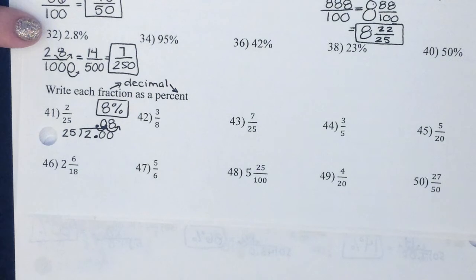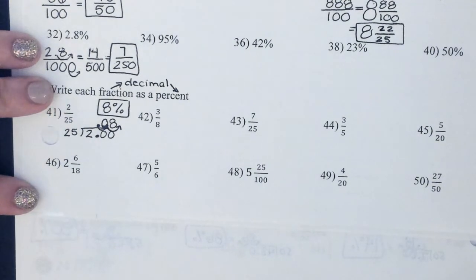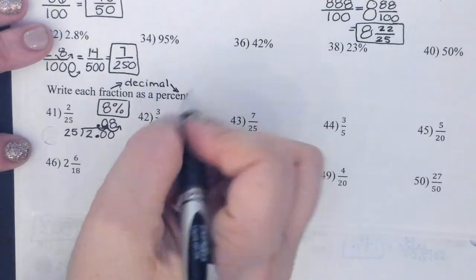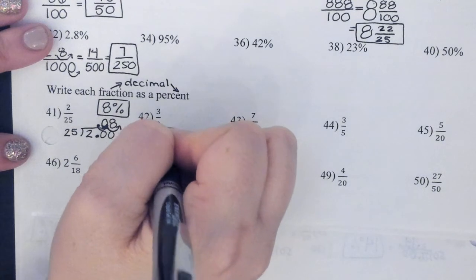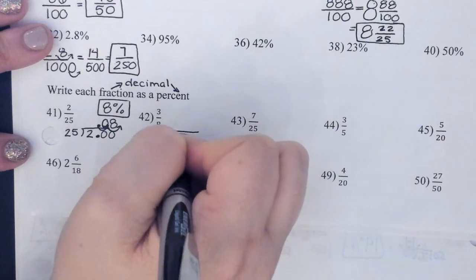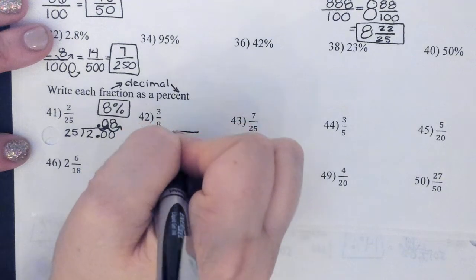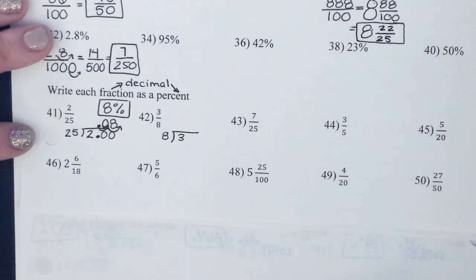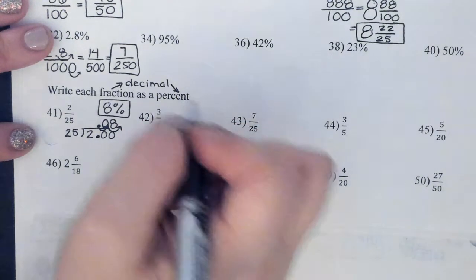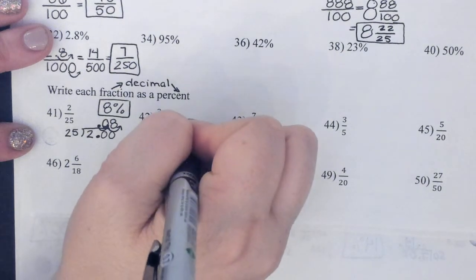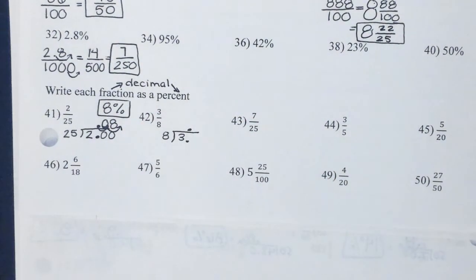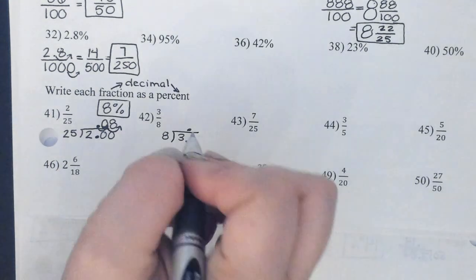All right. Let's look at number 42. Okay, so I have 8 at the door, 3 in the house. Can 8 go into 3? No. So let's add a decimal and raise it to the roof. Okay. When I divide that, what am I going to get? Braden? 374.